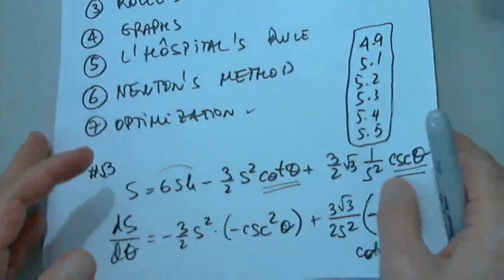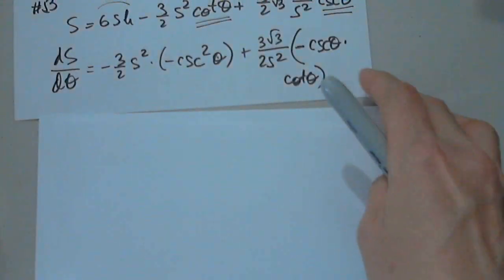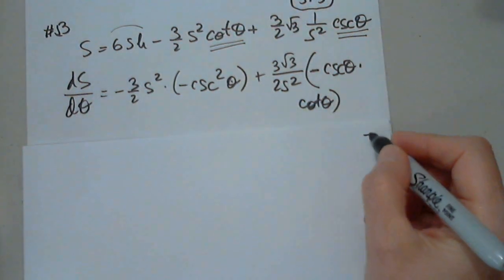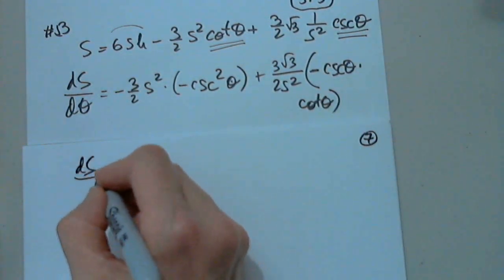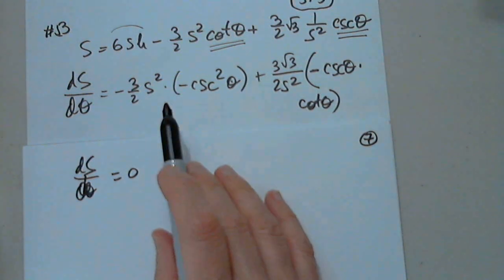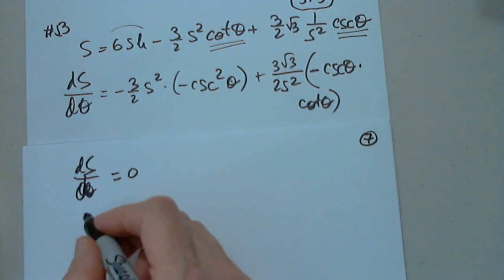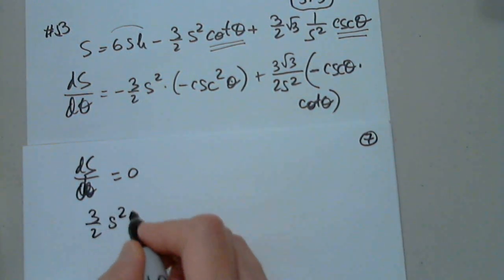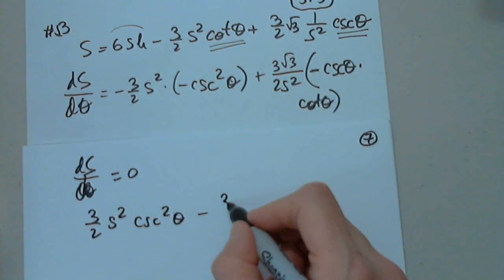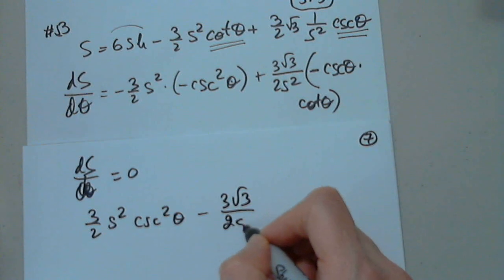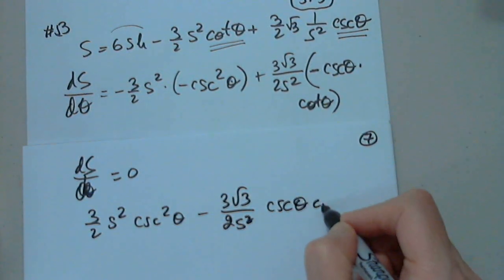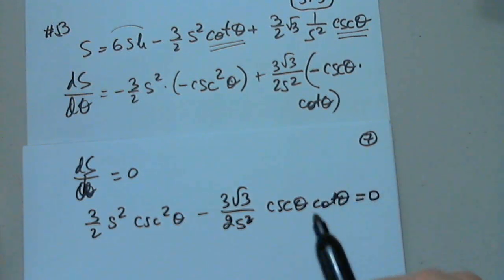Looks interesting. Okay, I'm on page 7. So ds over d theta equals 0. So first of all, I have a positive here, so 3/2 s squared cosecant squared theta, and minus 3 the square root of 3 over 2 s squared cosecant theta cotangent theta equals 0.